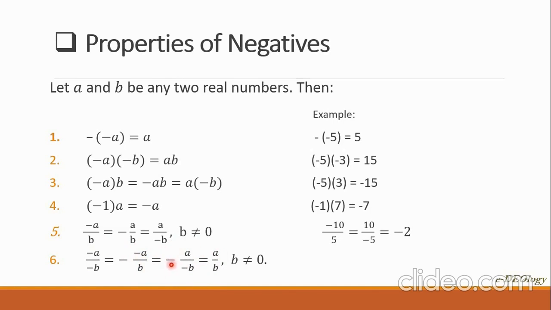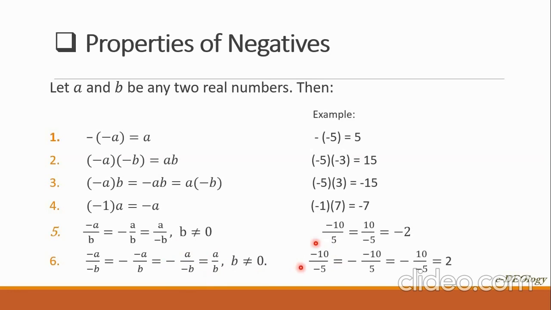Because of this negative sign outside, if we simplify this, we have a negative of a negative fraction, and the answer will be positive. Again, the restriction is the denominator must not be equal to 0.